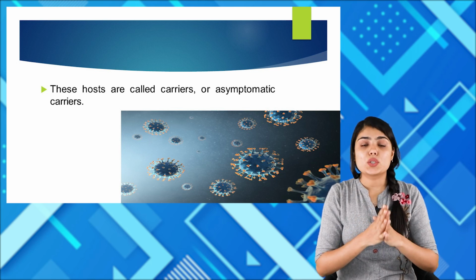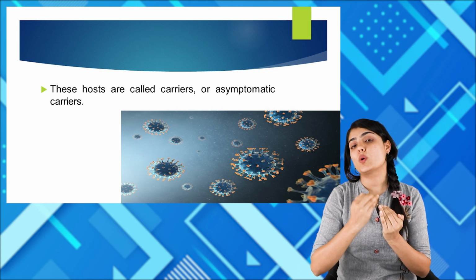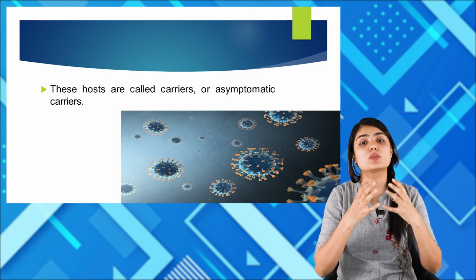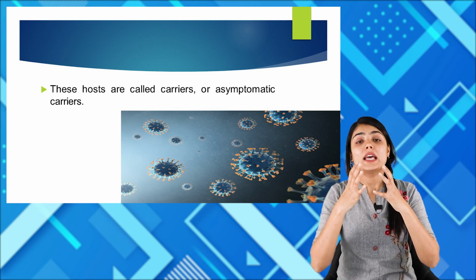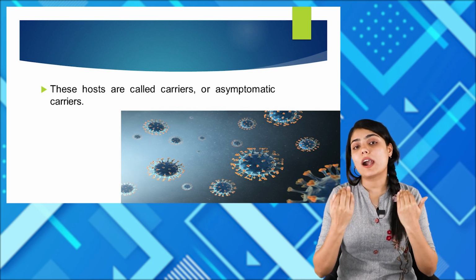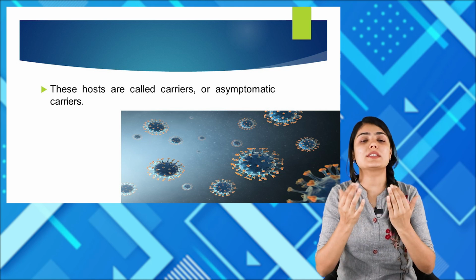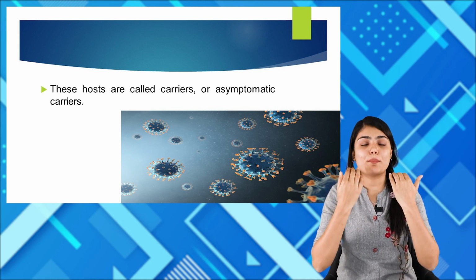I hope you've understood what is a host, what are the two different types of host, and what is a carrier. Now, carrier is also a host. Don't be confused. The carrier is also a host. In simple terms, a host is a person who harbors the microorganism, right? So, the carrier is also the host because the carrier is also having the microorganism.